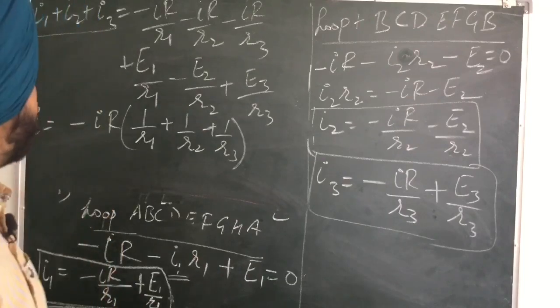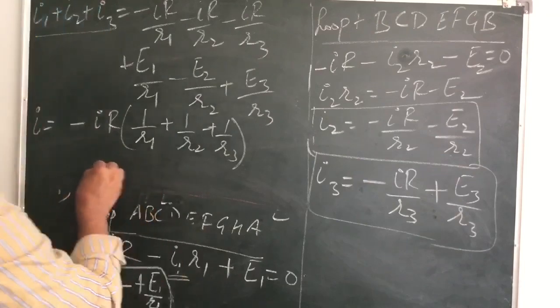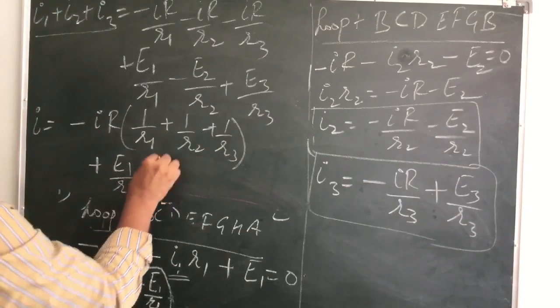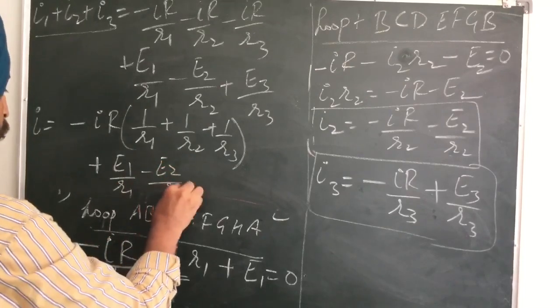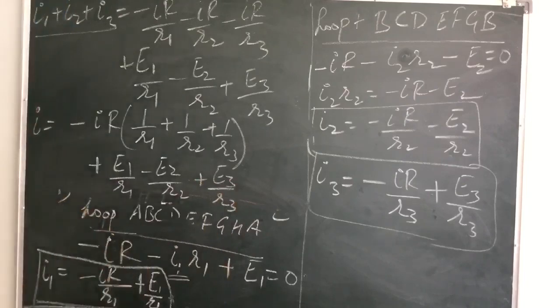So we cannot take common from here. So I will be writing it as it is, plus E1 over R1 minus E2 over R2 plus E3 over R3. So I will be writing these values as it is.